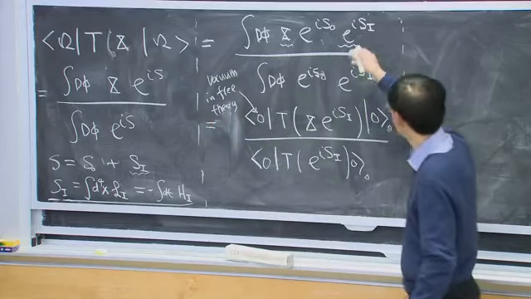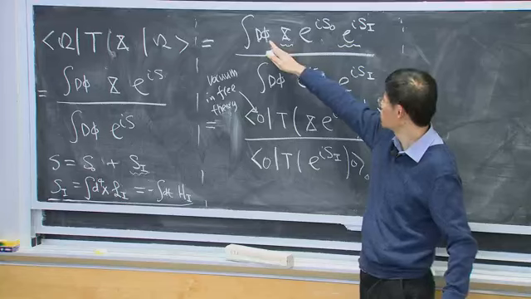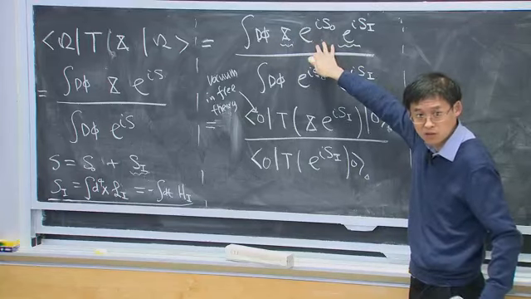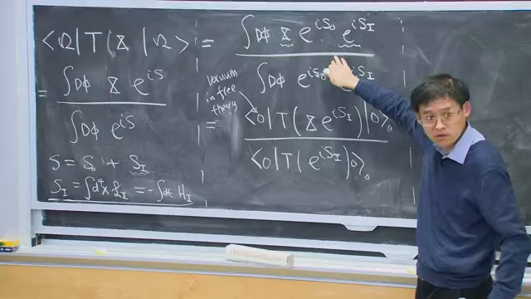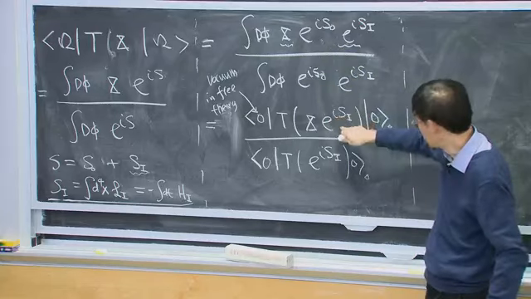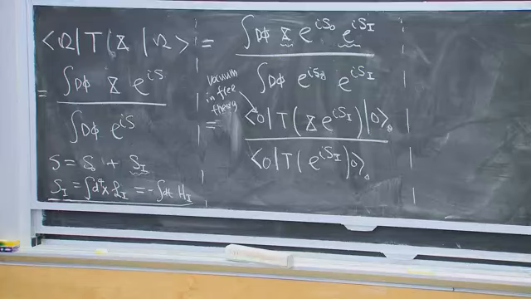In writing the upstairs in this form, we should divide by a path integral with just e to the i S_0. But since upstairs and downstairs we need to divide by the same path integral, they just cancel. So I can directly write it down as the ratio of these two correlation functions.